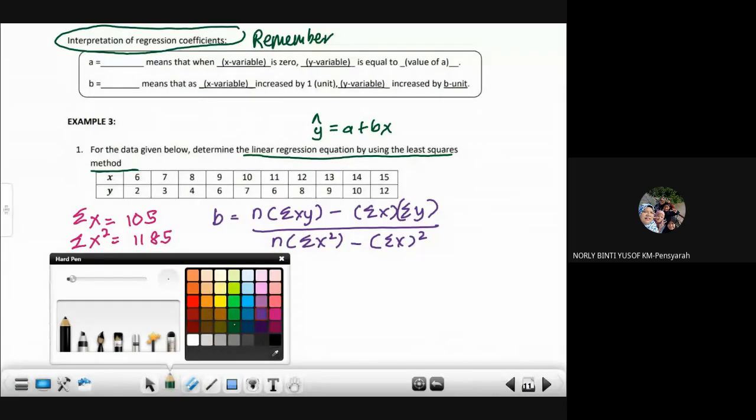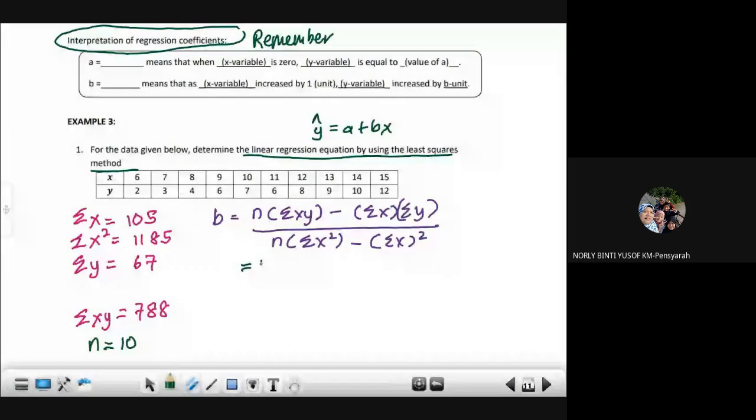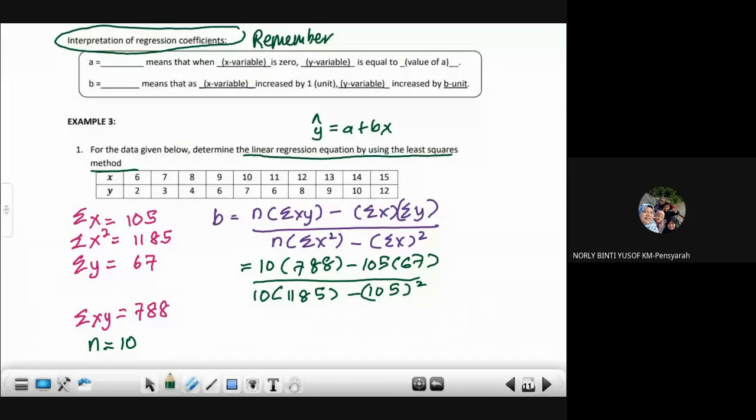Okay, so you masukkan dalam formula, you dapat 10 darab 788 tolak 105 darab 67 bahagi, masuk jangan cut the step, masuk je nilai tu semua. Tapi bila nak dapat jawapan, you boleh tekan secara fraction dan akan dapat nilai B tu.